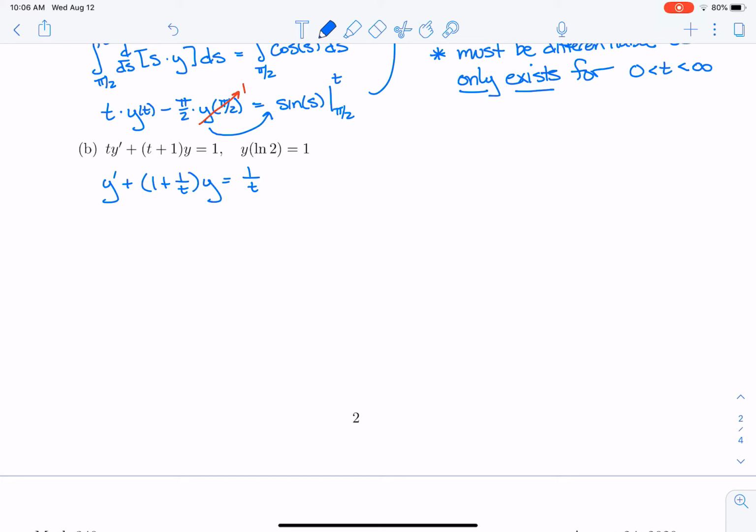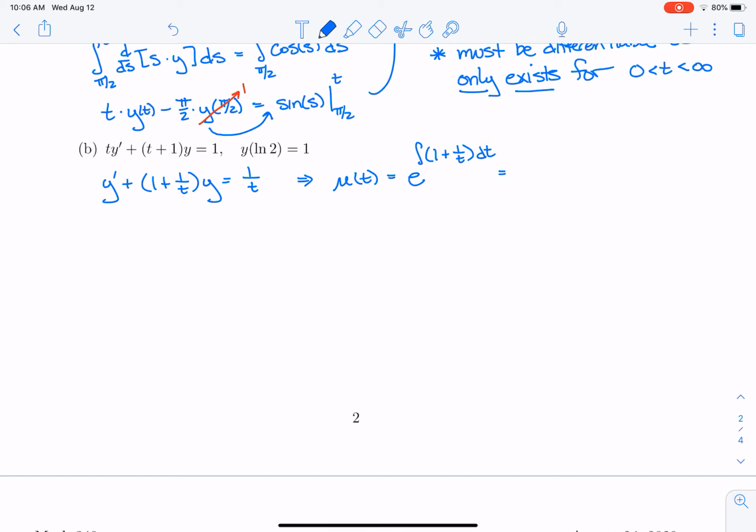Okay, so I need an integrating factor, mu of t, and that's going to equal e to the antiderivative of 1 plus 1 over t dt.